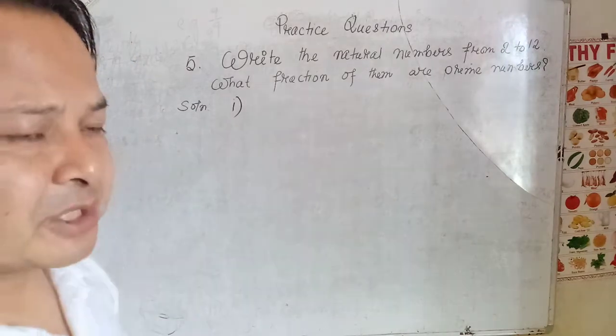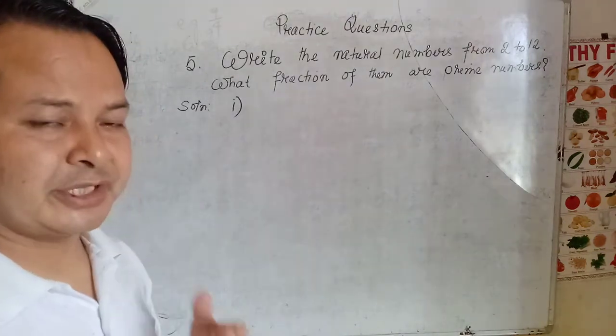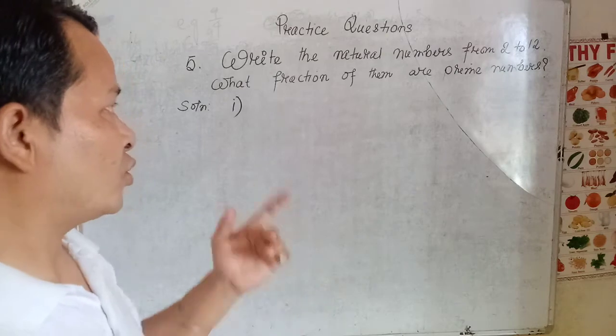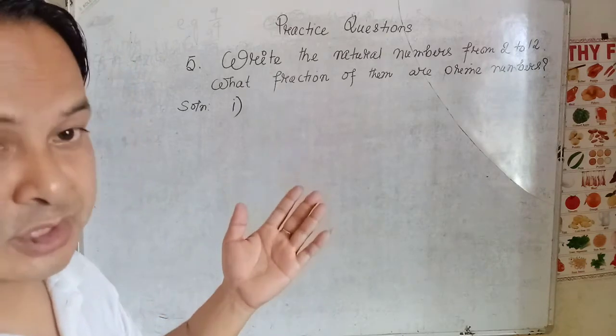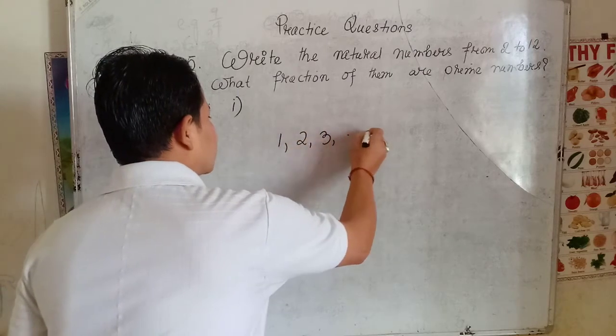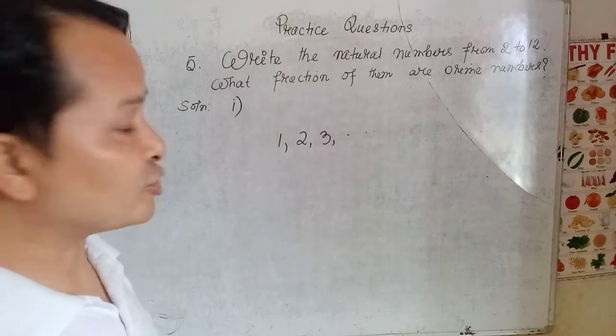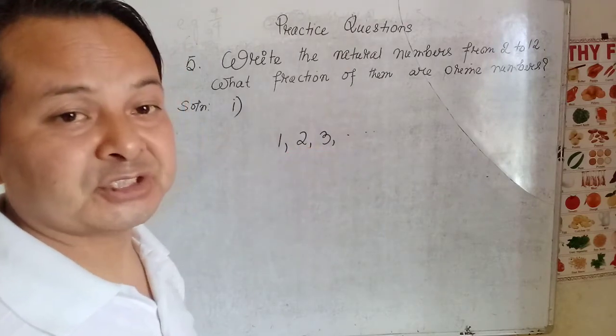By definition, natural numbers are those numbers used for counting, such as 1, 2, 3 and so on. These numbers are used for counting. That's why these numbers are called natural numbers.